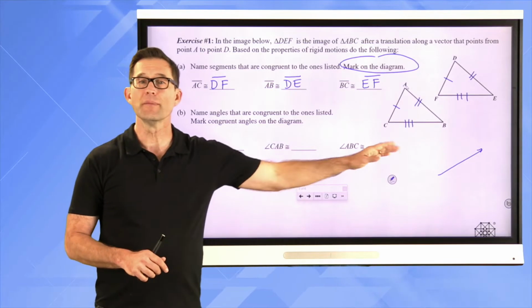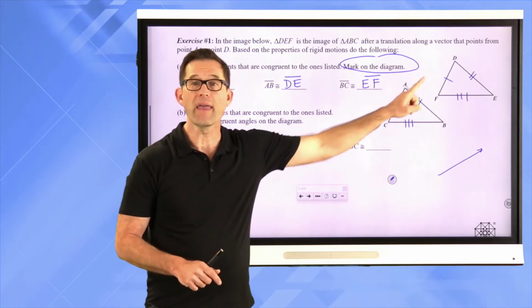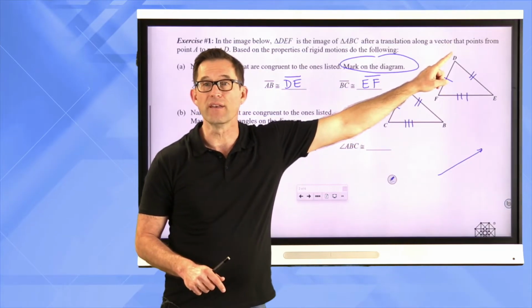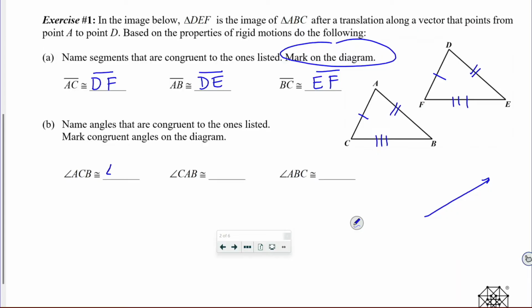Now, this one's a little bit trickier to do with that vector, but again, angle ACB, when it got translated to angle DFE, means they must be congruent. So angle ACB must be congruent to angle DFE. I'll mark that with a single arc mark. Can't get over it every time I say arc mark.